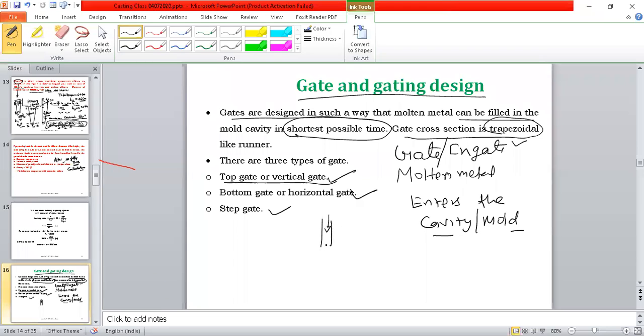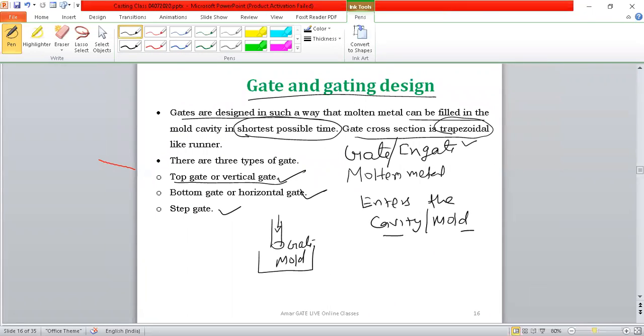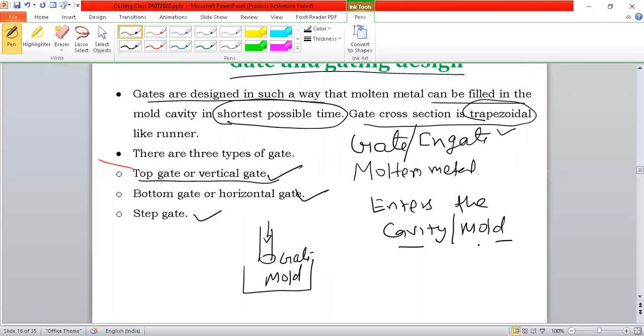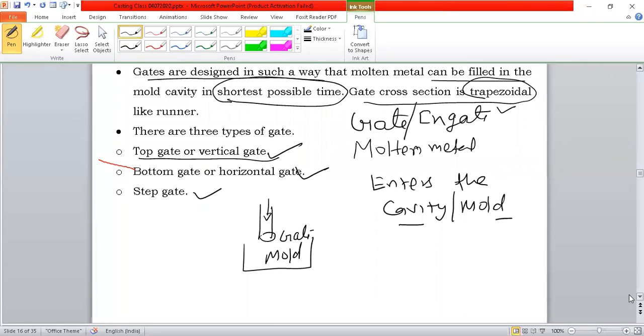So this is your mold, and this is your gate.